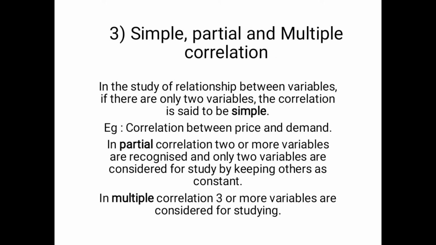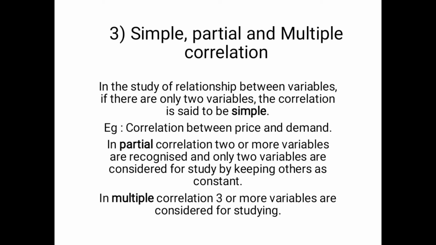That means in the study of relationship between variables, if there are only two variables, the correlation is said to be simple. For example, correlation between price and demand. This is simple correlation.